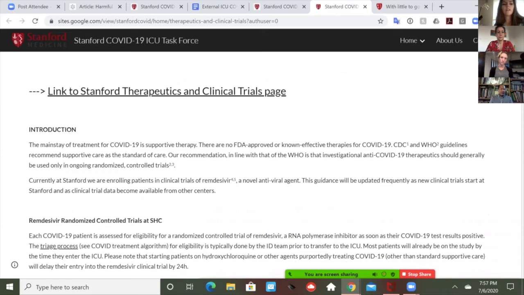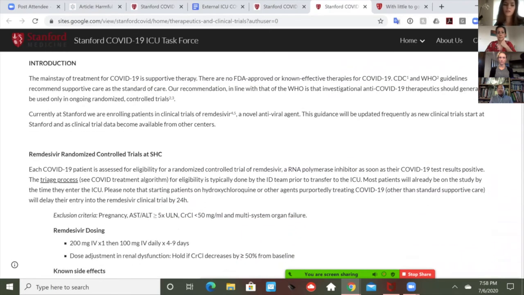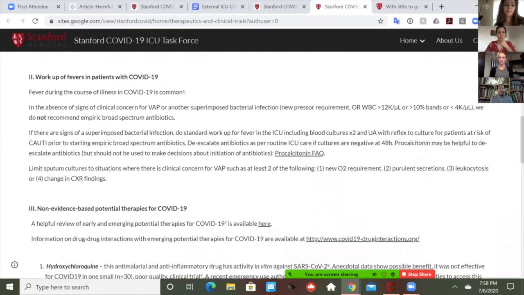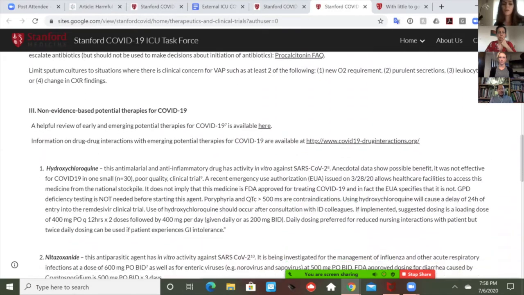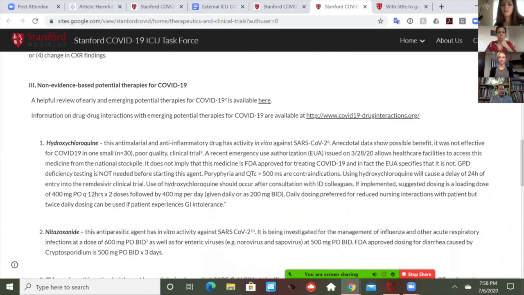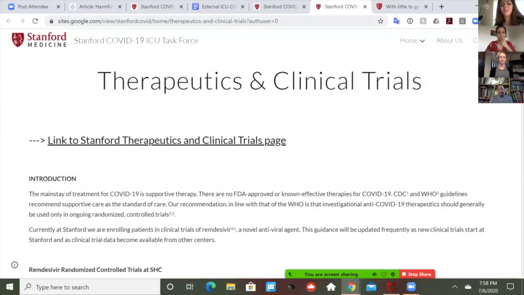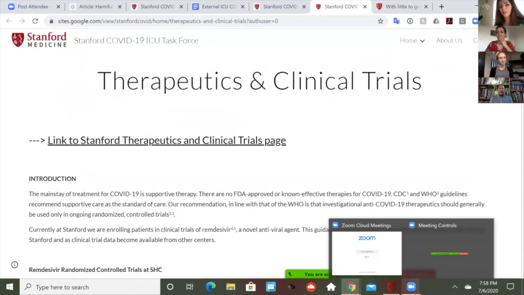Currently, the mainstay of treatment for COVID-19 is still supportive therapy. That's lung protective therapies, proning the patients. Then it goes through a clinical trial, and there are potentially other therapies, but nothing is currently recommended. Do you panelists have anything else to add to that?